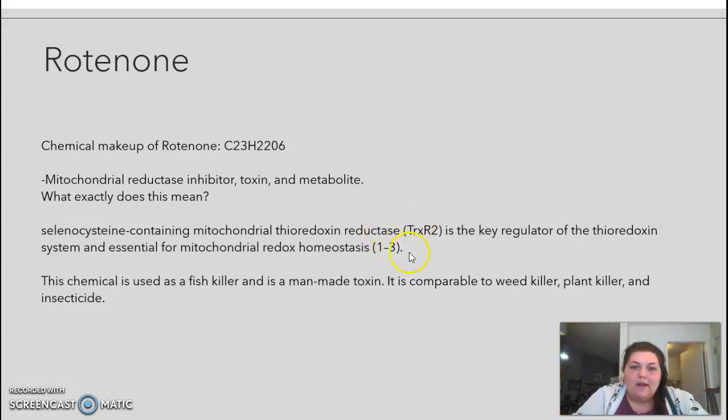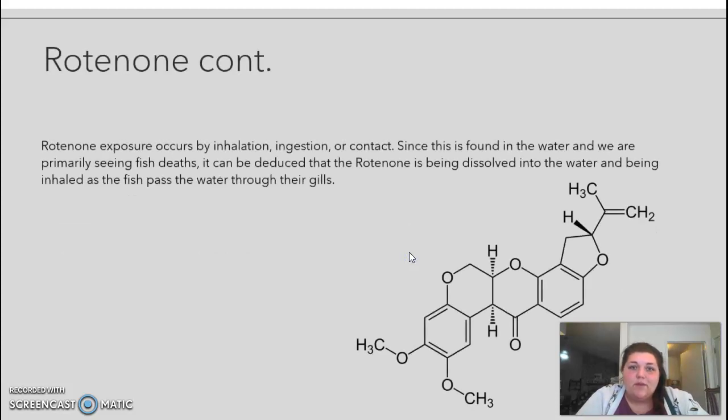One thing that I did make a note of when doing a little bit of research is that rotenone is not typically fatal to humans, only because the human body usually reacts by vomiting whenever it's ingested, so it typically doesn't get a chance to really set in. It is fatal if it is not pushed from the body.